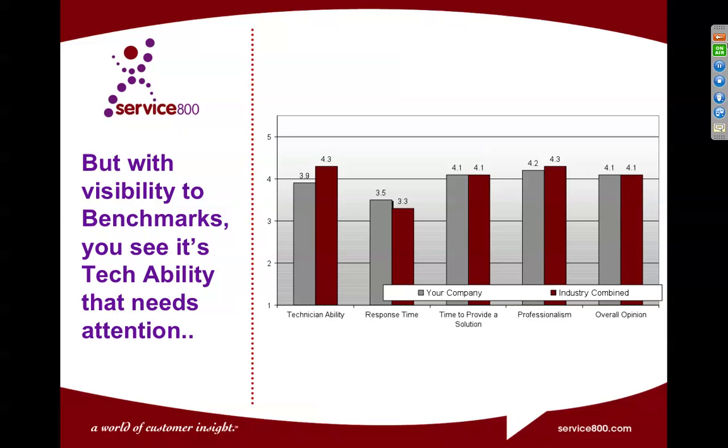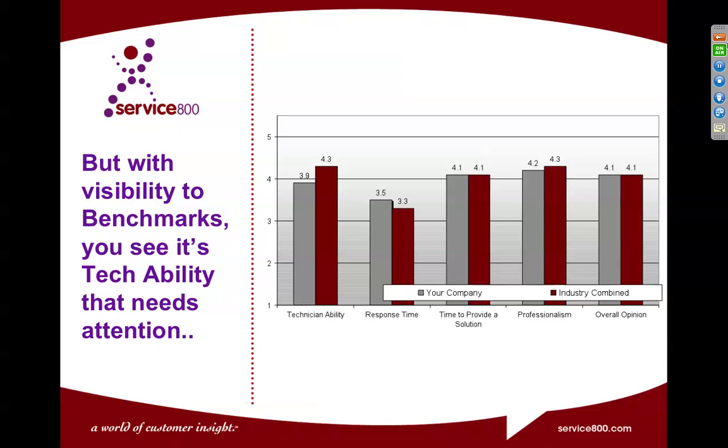So with a benchmark, now the portrait changes. What you're seeing now are the same numbers that I showed you just a moment ago. In this case, though, the red bar shows a benchmark, and this benchmark then shows in comparison how this example company compares in technical ability and response time, in time to provide a solution, in professionalism, and in overall opinion.